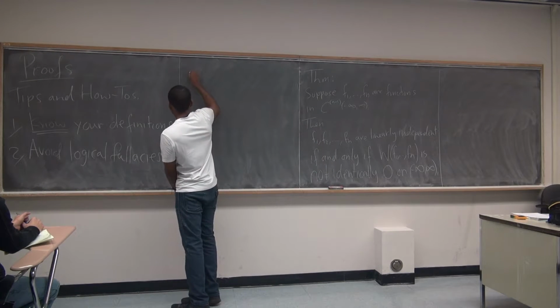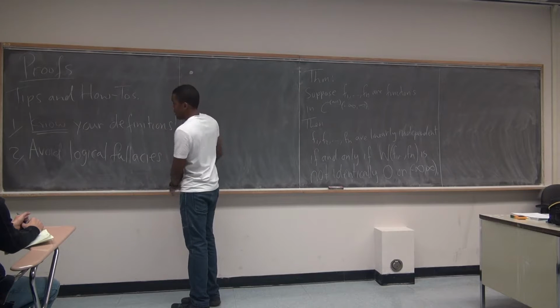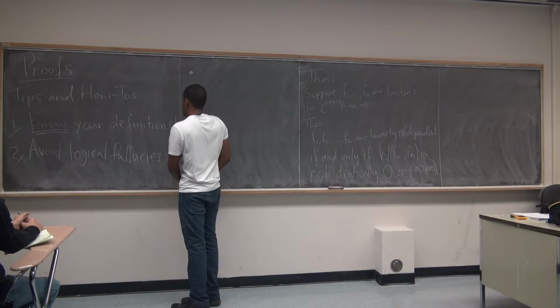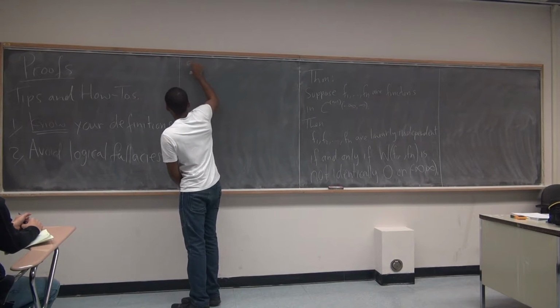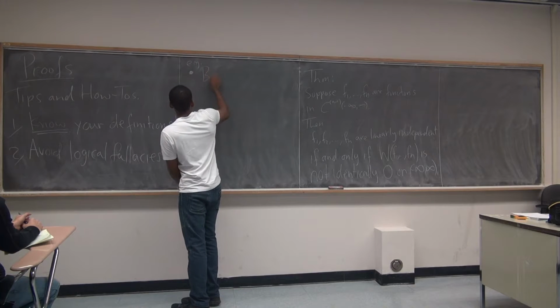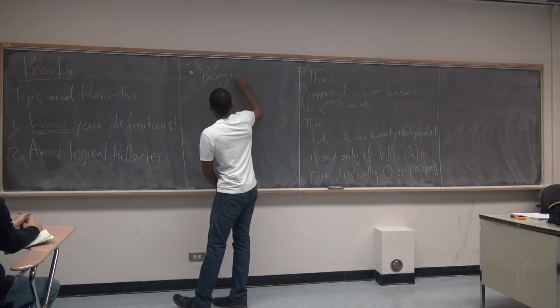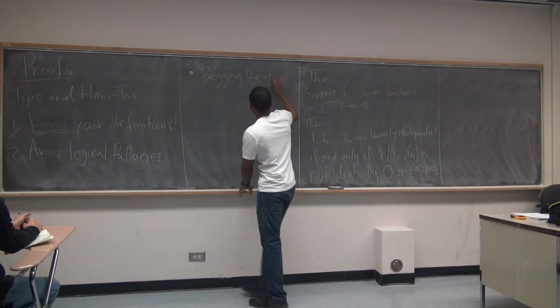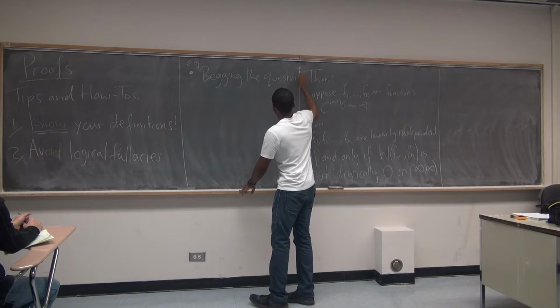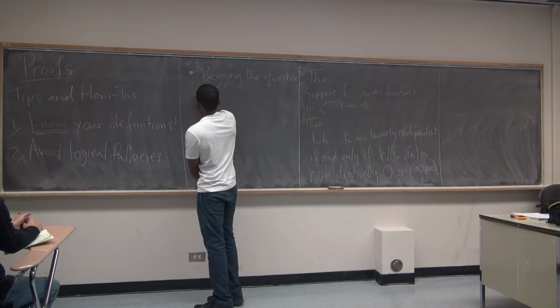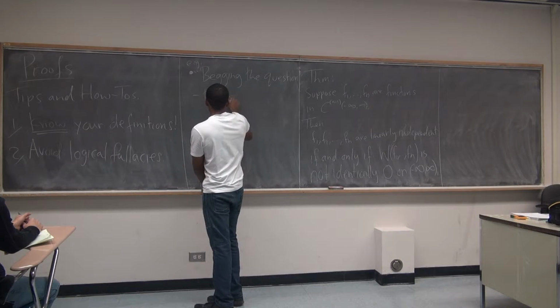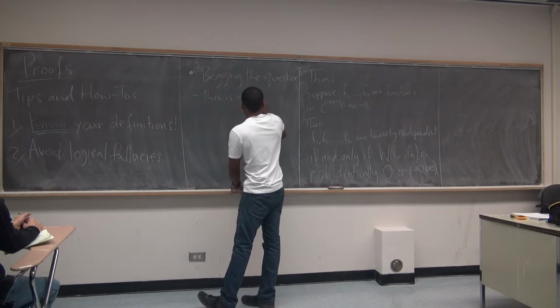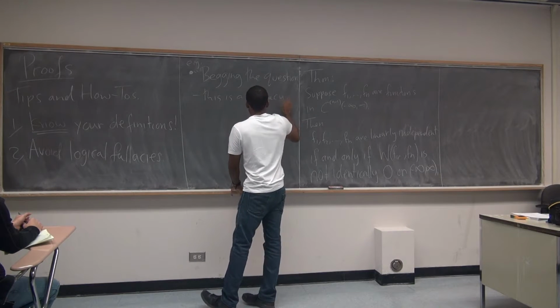Some of them that I saw in the test, for example, begging the question. This is a very big one. It's called begging the question. This is a fallacy, meaning it's wrong.